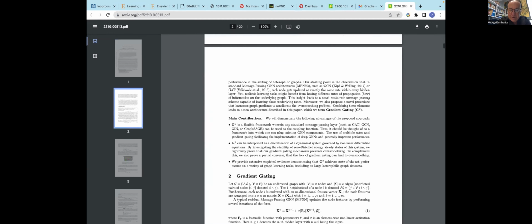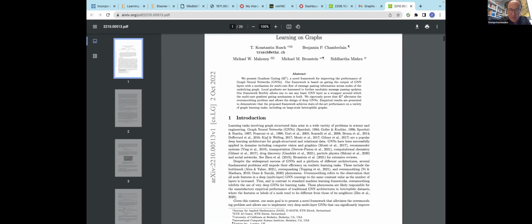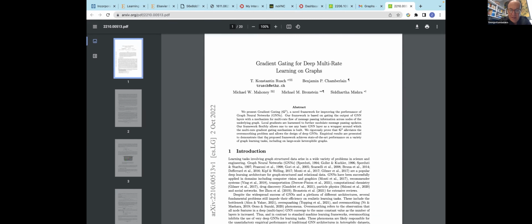Yes, so Nat, this is the paper. I haven't read it myself, but I was talking to Mishra yesterday, and he said that this is actually improving the graph, not the gradient.